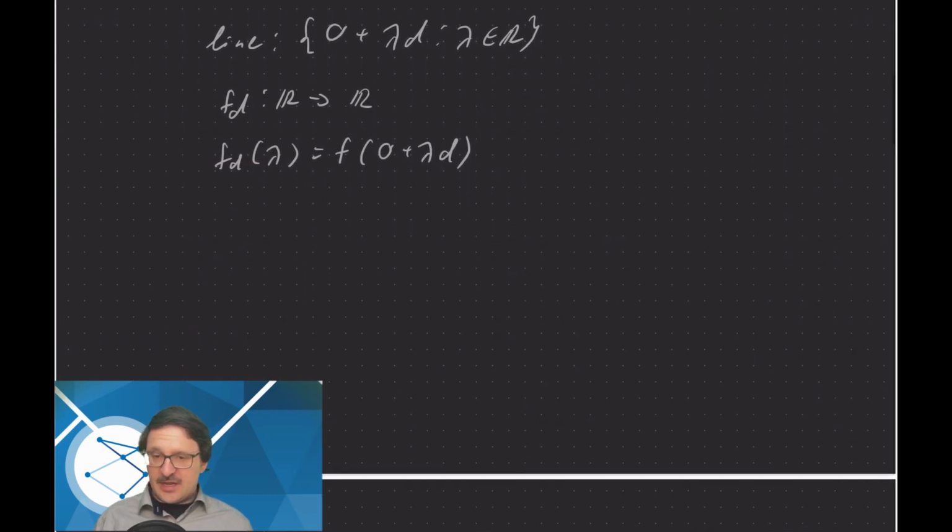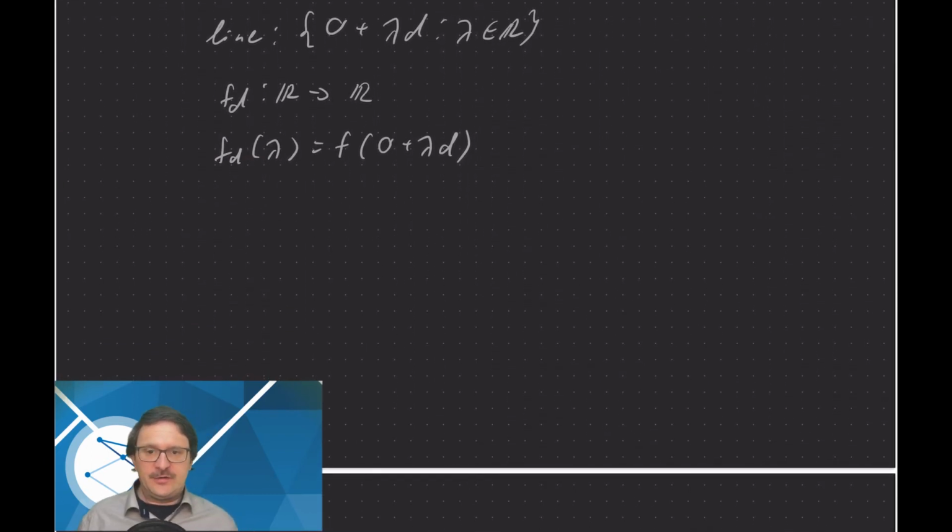And the question is, what can we learn from these cross-sections? If all of these are continuous, shouldn't the function also be continuous? Of course, the reverse is true. If f is continuous, then of course every cross-section must also be continuous.